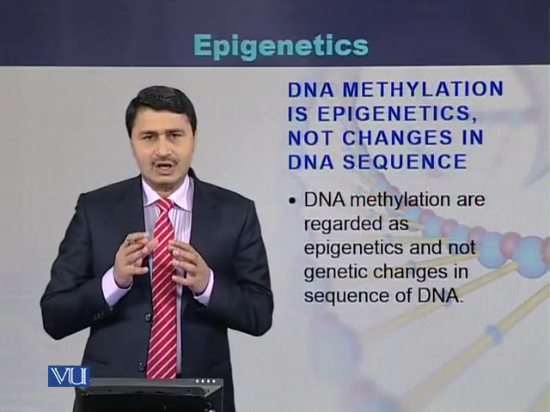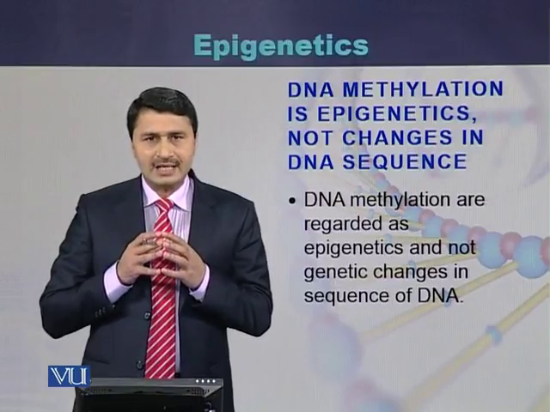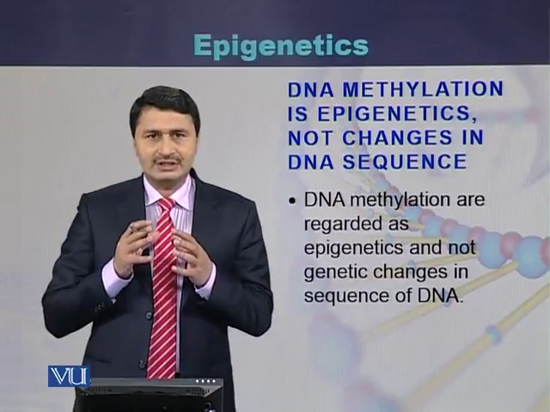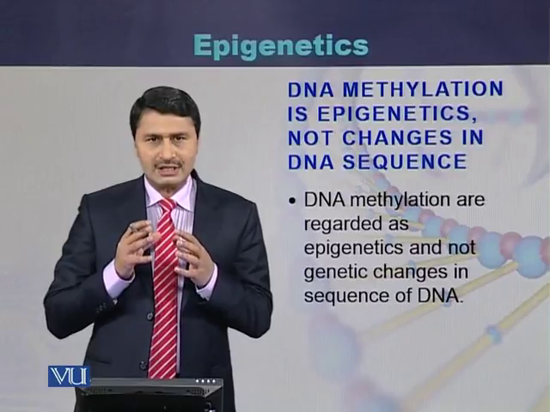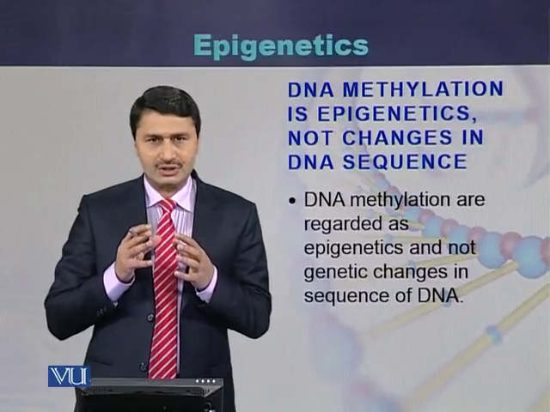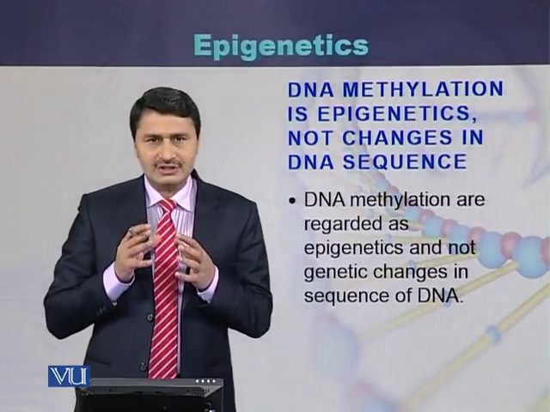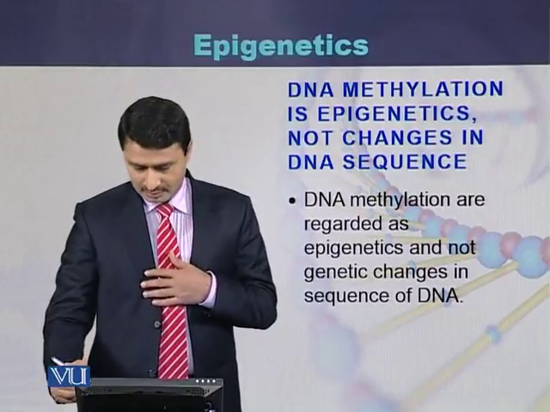DNA methylation, or cytosine methylation, is epigenetics, but it is not a change in the sequence of the DNA. These can be considered as modifications to the DNA or to the chromosome structure, but actually these changes are not in the sequence of the DNA.